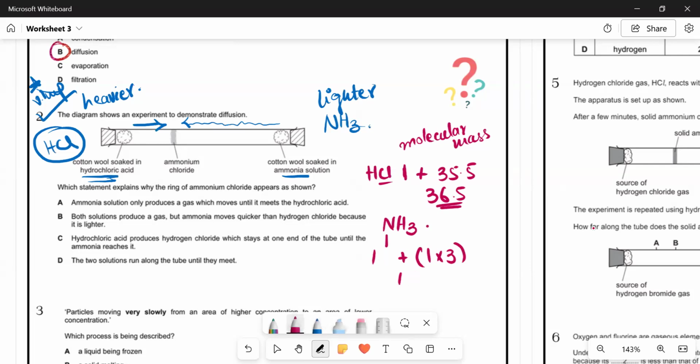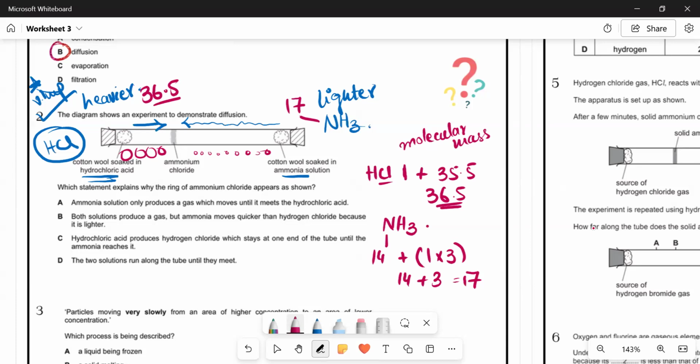So 14 plus 3 makes it a total of 17. So ammonia mass is 17. One particle of ammonia has a mass of 17, and 1 molecule of HCl has a mass of 36.5, which is almost double. So as you can see, hydrochloric acid particles are much bigger, so they are heavier. They will move slowly, as compared to the ammonia particles, which are small and light in mass, so they move faster.